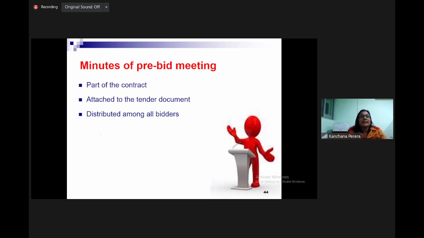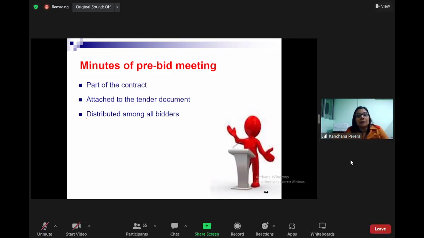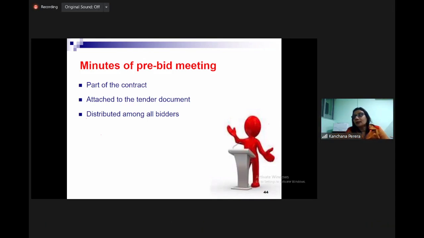I must tell you an example. When the Kandalama project was going on, the pre-bid meeting was very useful for bidders. At that time, there were no proper roads to carry material. Only then were they able to price their preliminary bills properly. I have a very bad experience again. In the University of Moratuwa Project Consultants Unit, we were doing a project at an Ayurveda Hospital, somewhere near Homagama, right?